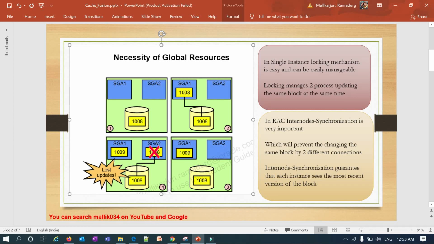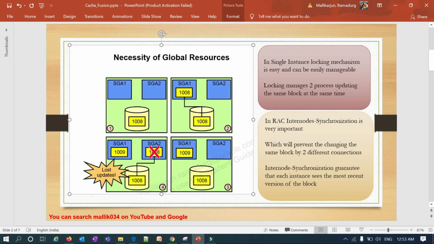If two user processes are updating the same block, for example block 1008 is being updated by one connection, and the same block is being updated by another connection, one is trying to update it to 1009 and the other is trying to update it to 1010. The locking mechanism will hold one of the user sessions and permit the operation of the other. If both sessions were allowed to update it, it would become inconsistent, right?